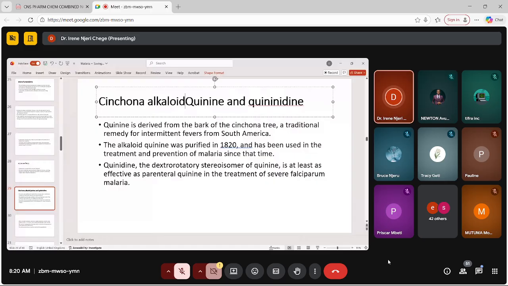The drugs can cause hypoglycemia. Why? They stimulate insulin release. This is a problem in pregnant women, so blood glucose levels have to be monitored. Quinine can also stimulate uterine contractions in the third trimester. It is mild, however, and quinine and quinidine remain appropriate for severe malaria in pregnancy. I've told you for complicated malaria in pregnancy, we use quinine.